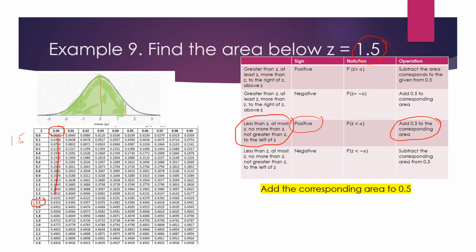Locating its intersection, it is 0.4332. Since we're going to add, 0.5000 plus 0.4332. So the total area is 0.9332.